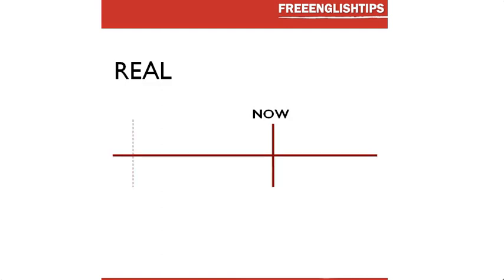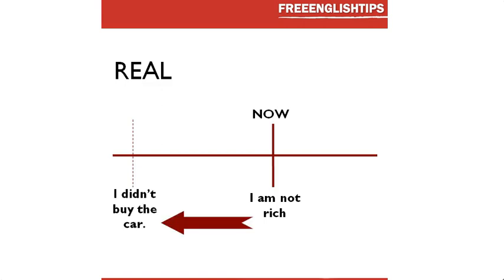Now, here is an example. I want you to think about a real situation. Let's look at this real situation. We have now and we have the past. Now, I am not rich. Okay? I am not rich now. So, I didn't buy the car yesterday.